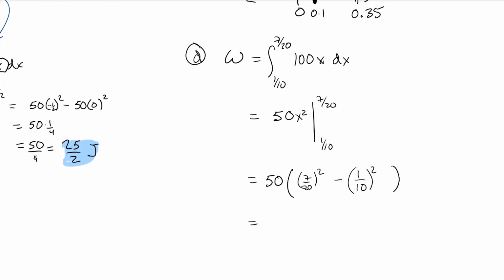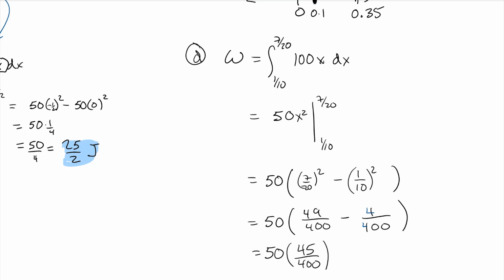So we're going to end up with what? 50 times, what's that, 49/400 minus 1/100. Can I cheat? Or can we just multiply by 4 top and bottom and call it 4/400? Now it looks like we have 50 times, and 49 minus 4, I'm pretty sure is 45. And oh, look at that.